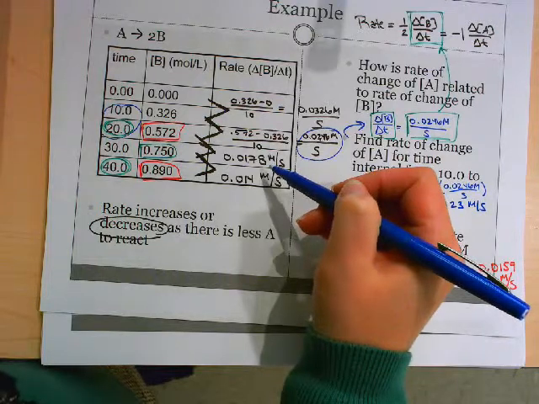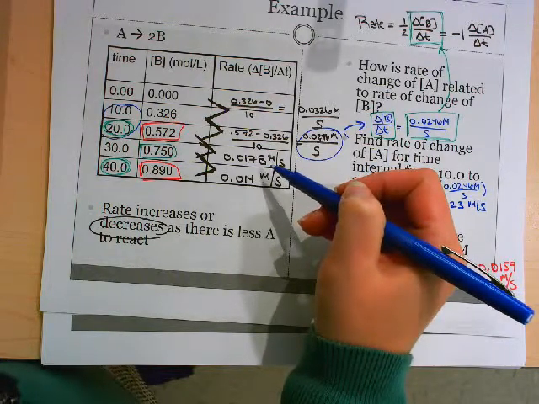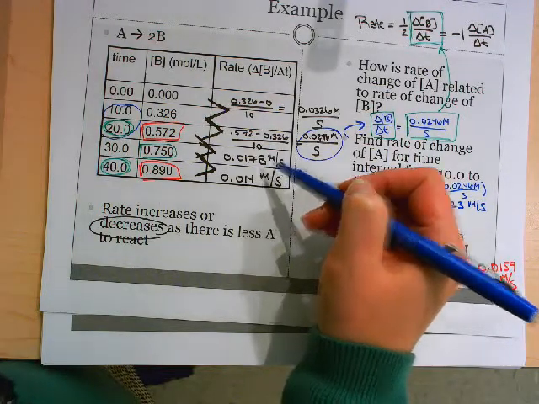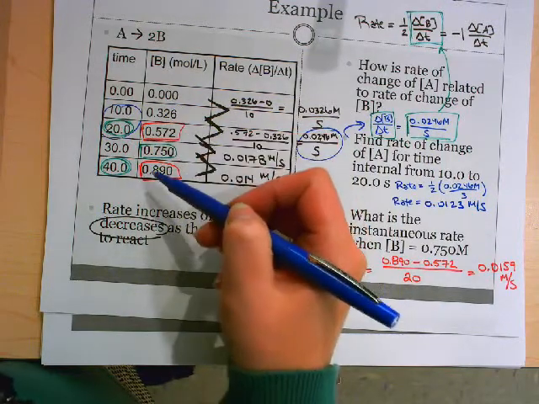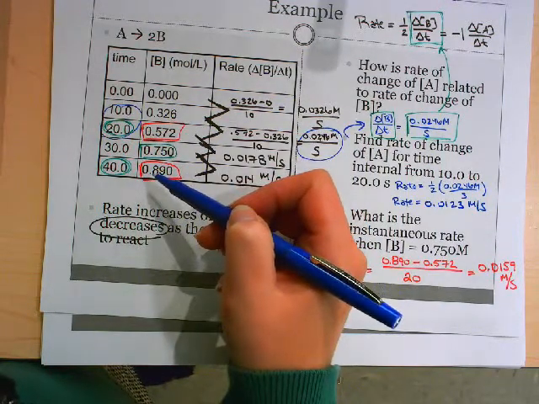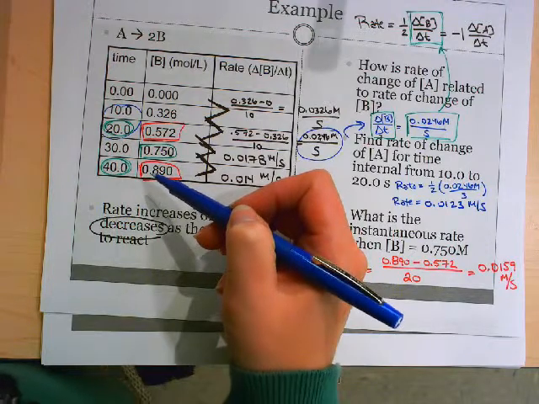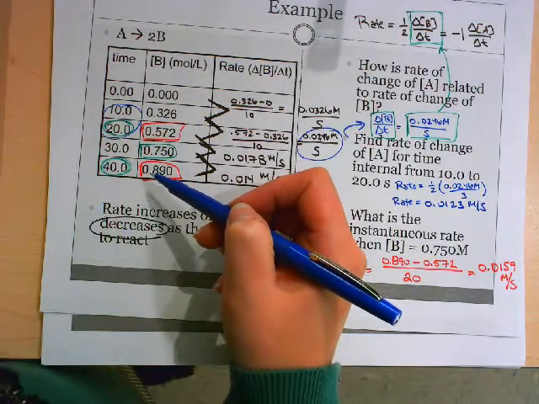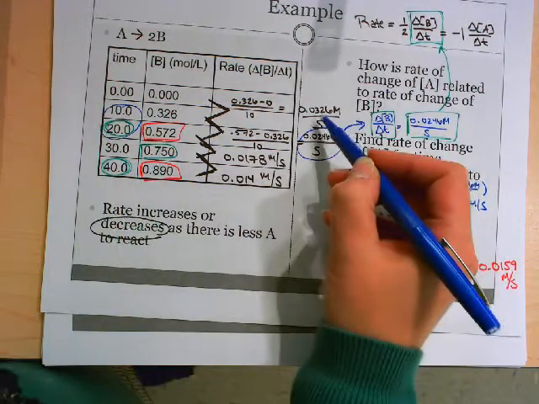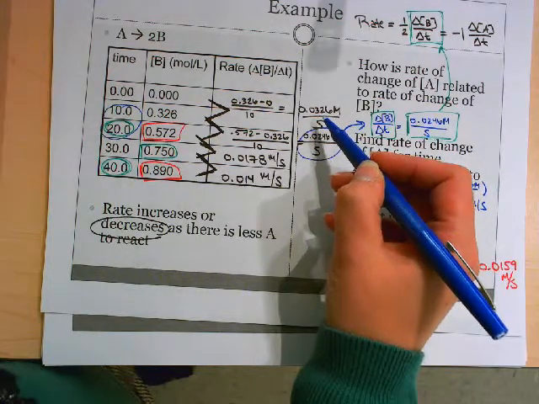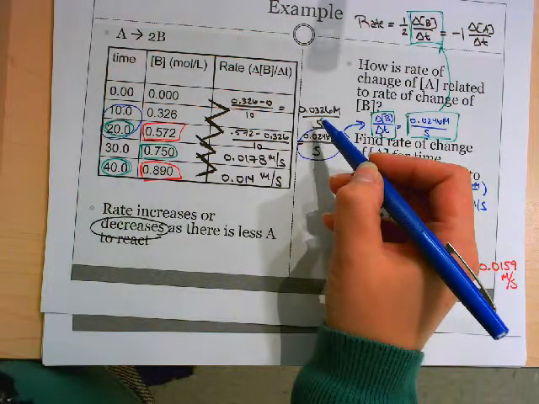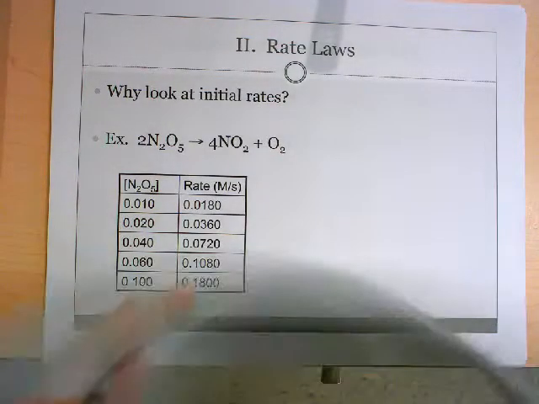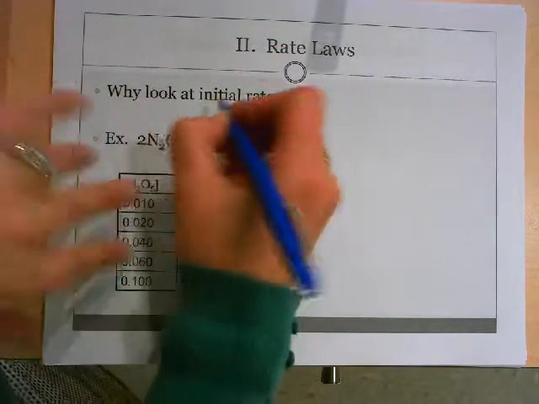If I want to figure out the maximum speed of my reaction, do I look at the beginning of the reaction or the end? I want to look at the beginning. If I look at the beginning, this is the fastest rate. So if I want to know the maximum speed, I have to look at the beginning of the reaction, which is called the initial rate.